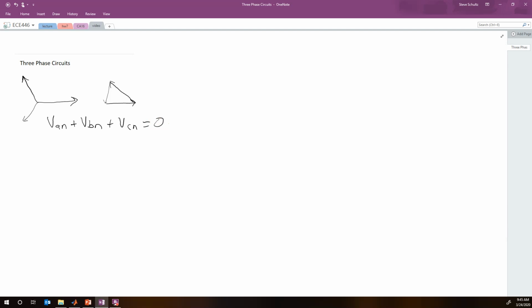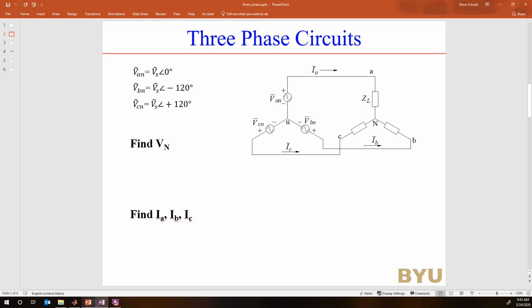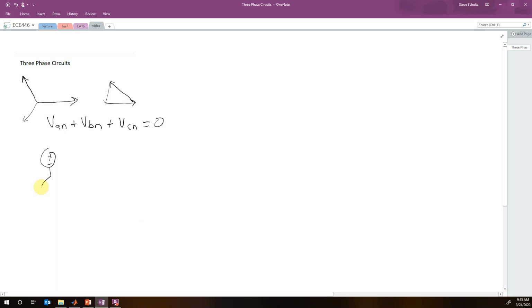Okay, so now we want to look at the voltages. Make sure we get all this right. The negative is connected in. So we're specifying this point as ground.